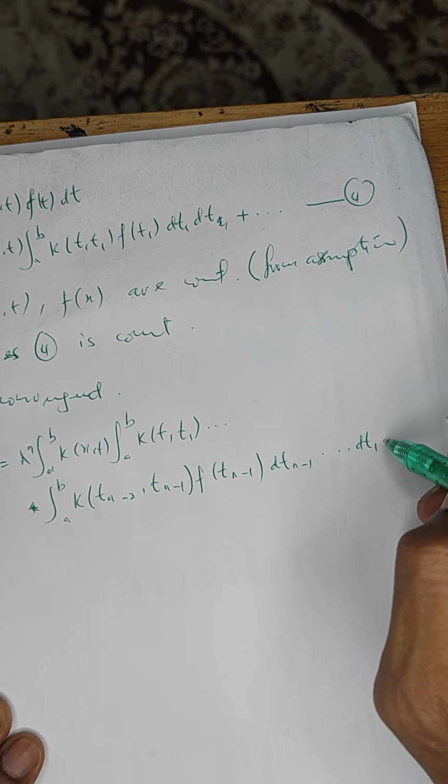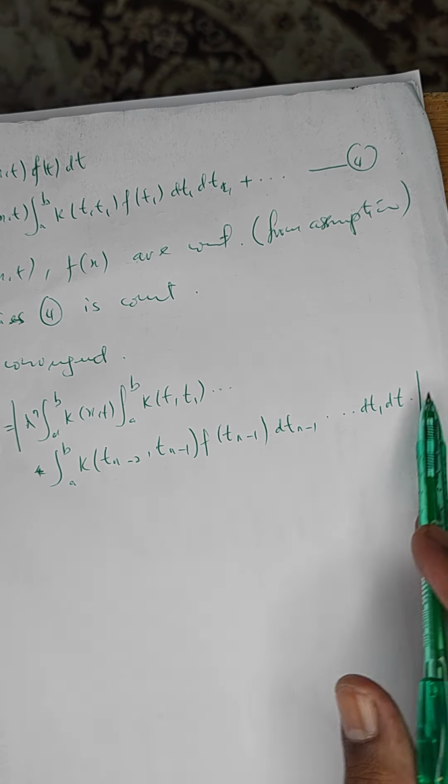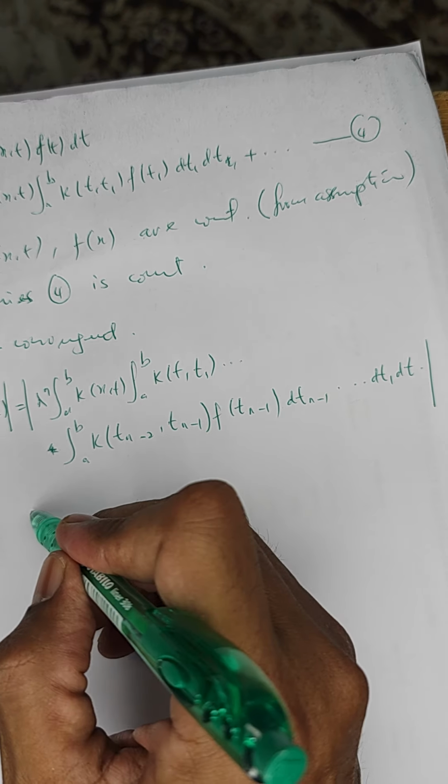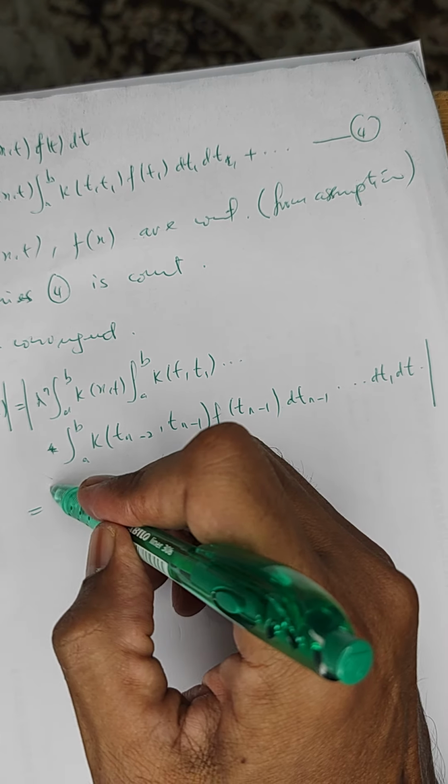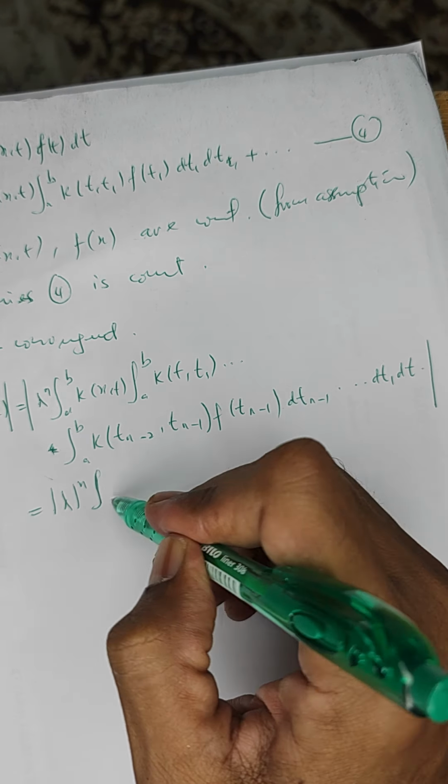From there we can take the absolute value of all those things, and since this is just a multiplication of those functions, you can split them one by one, and take out lambda^n and so on.